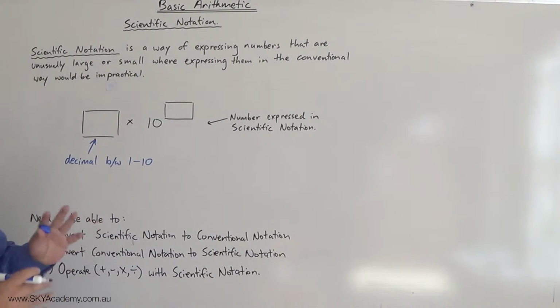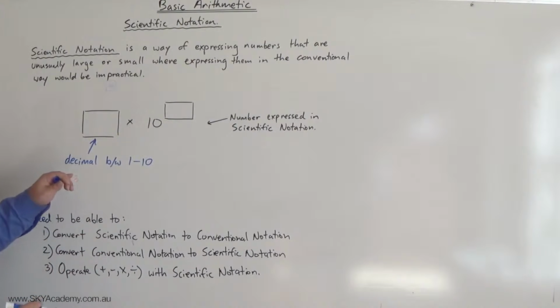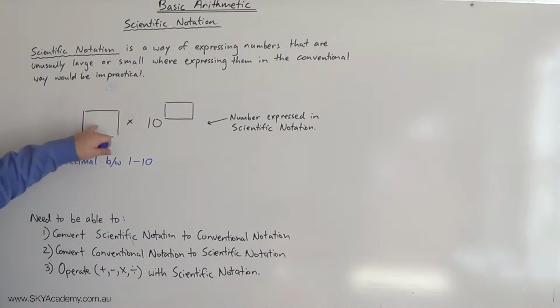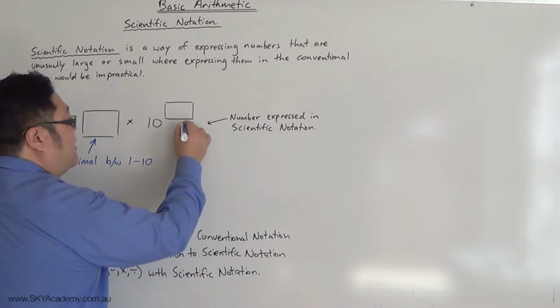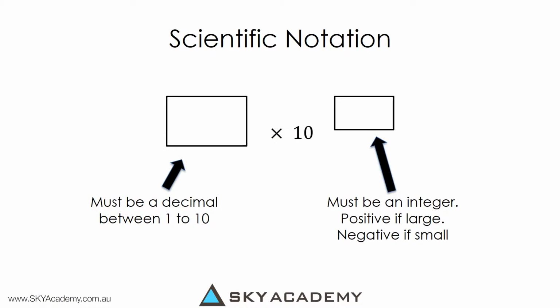The whole number, by the way, is also a decimal. It might not have the decimal point, but it would be 0.0. So it's got to be a decimal between 1 and 10, and the power has to be an integer: positive if it's a large number, negative if it's a small number.